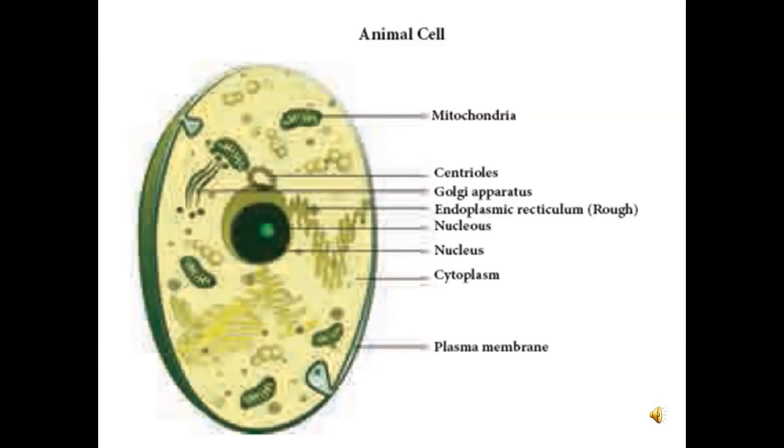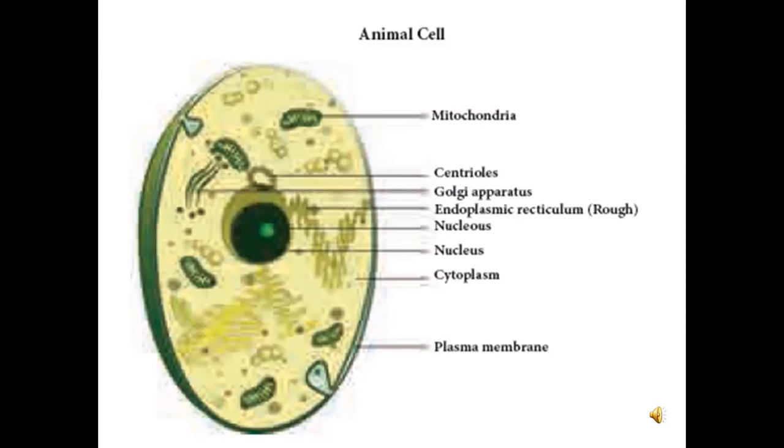An animal cell may have many small vacuoles, but a plant cell has a large vacuole. Centrioles are found in animal cells, but in plant cells no centrioles are present.